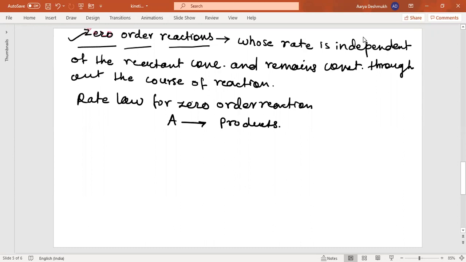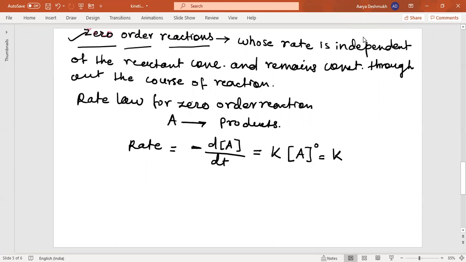So the rate law for the reaction is rate equals minus d/dt of A. As I have told earlier, this minus sign indicates the disappearance of this reactant. Minus d[A]/dt equals K times concentration of A raised to 0, equal to K.